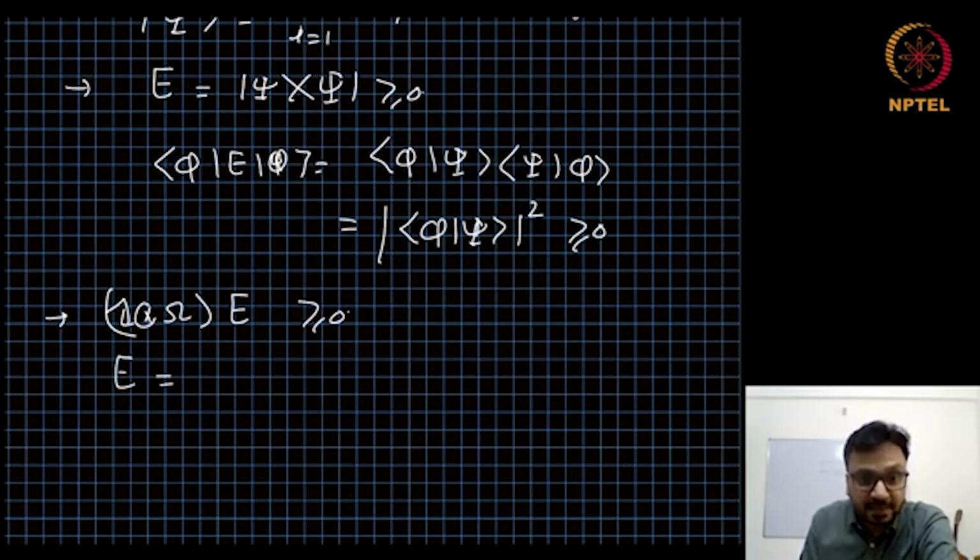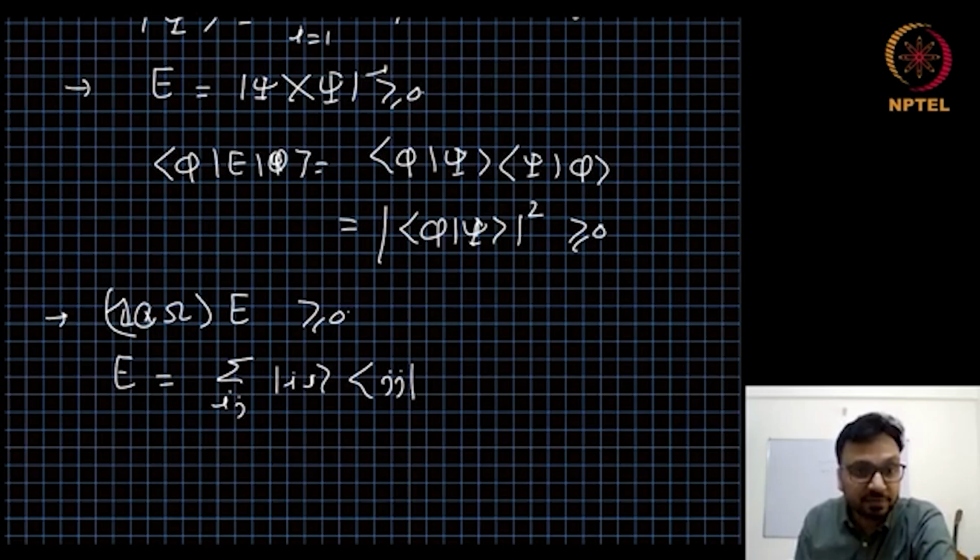E can be written as the sum over i, j of |ii⟩⟨jj|. This is what it means by taking the outer product of psi with itself.